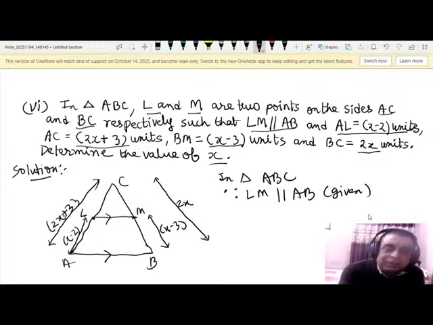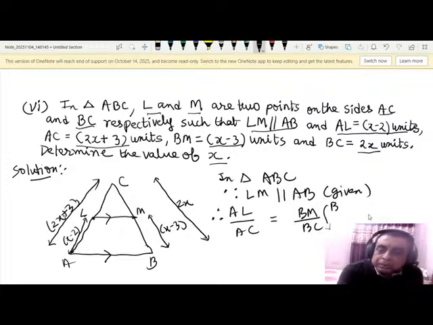So AL divided by AC will be the same as BM divided by BC. We call it the basic proportional division theorem, or it is also called Thales theorem. Both are the same.